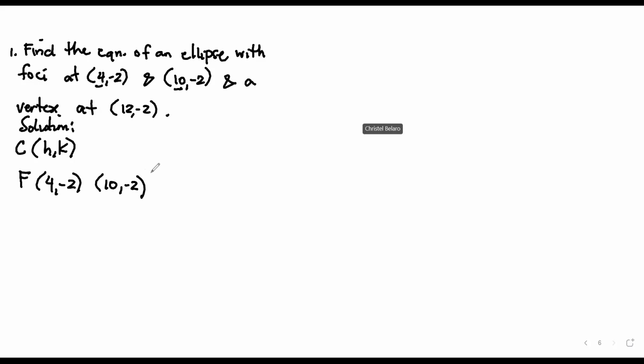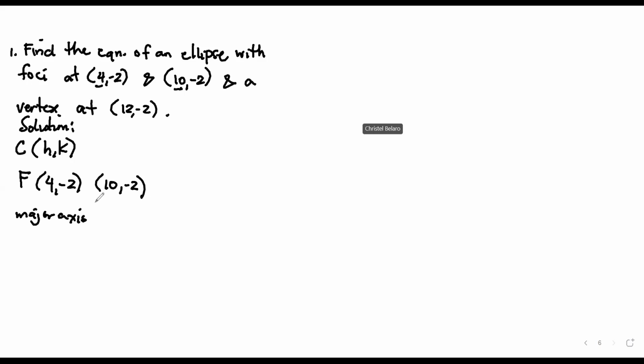Ano ang standard form na hindi nagbabago si k? Nasaan ang major axis? Sa y po. Tama po.